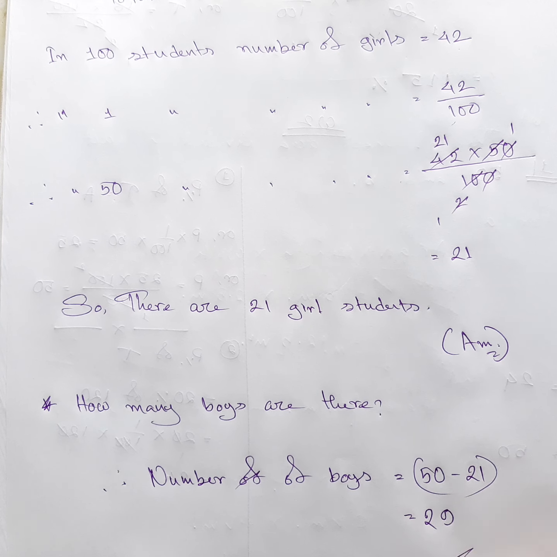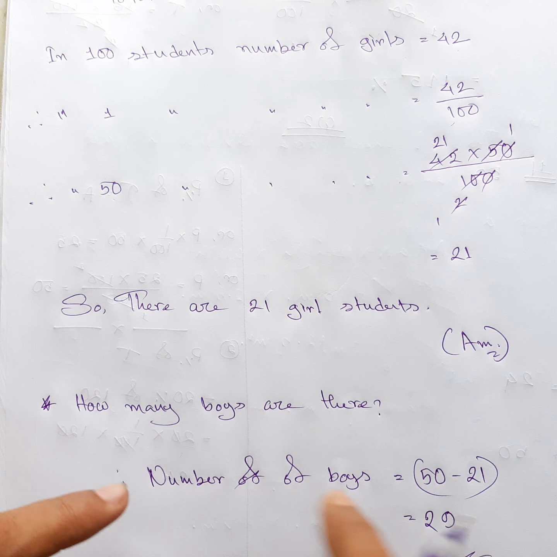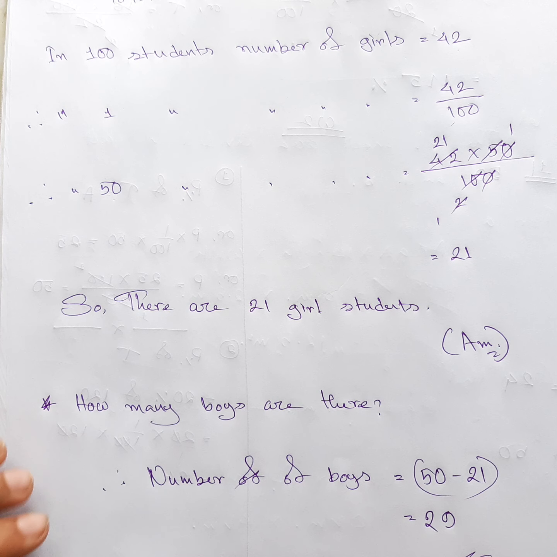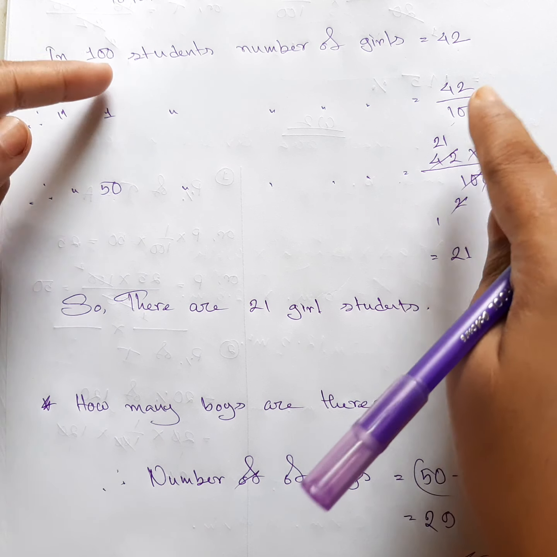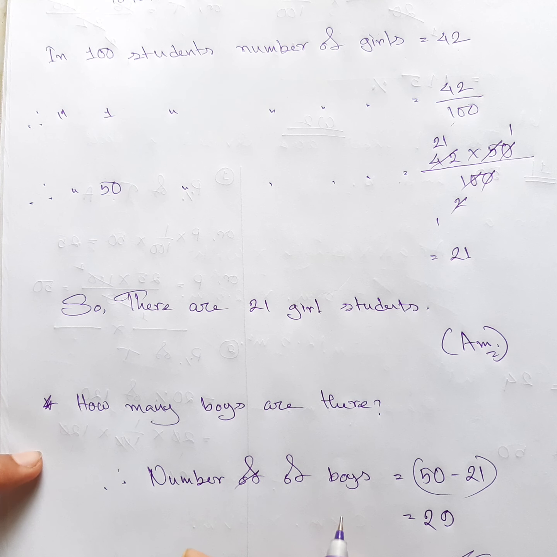This much. This is your answer. Okay, I didn't write it in a broad way. I just wrote it in a short, brief way, to make you understand how, when they give you one piece of information, by using that information, you are going to find out another piece of information.